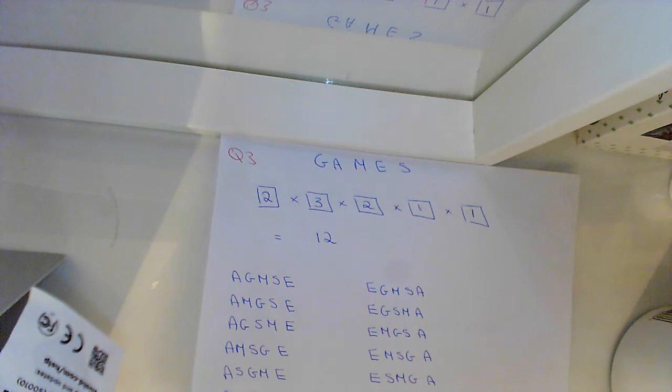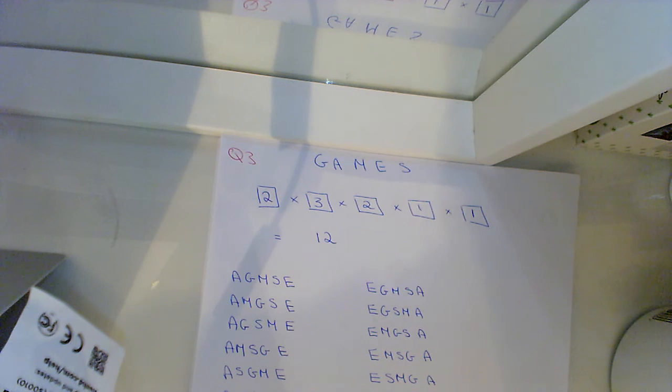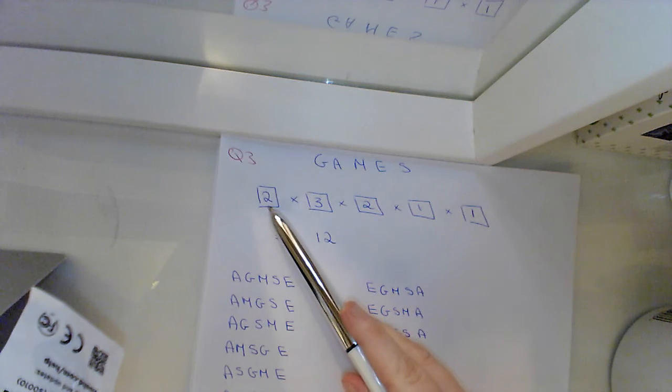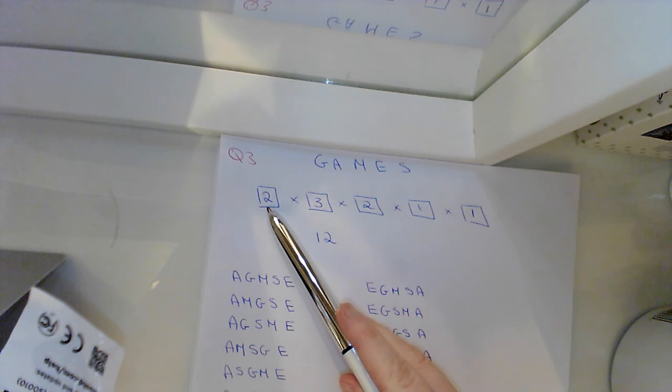Question 3 then, it says write down all the possible arrangements of the letters of GAMES that begin with a vowel and end with a vowel. So my vowels in GAMES are A and E, so they either have to begin with A or end with E. I calculated how many arrangements there are first so that I knew when I was finished listing out my outcomes. For this one, I have 2 options that I can fill in here, so it can either be A or E, so that's 1 letter gone.